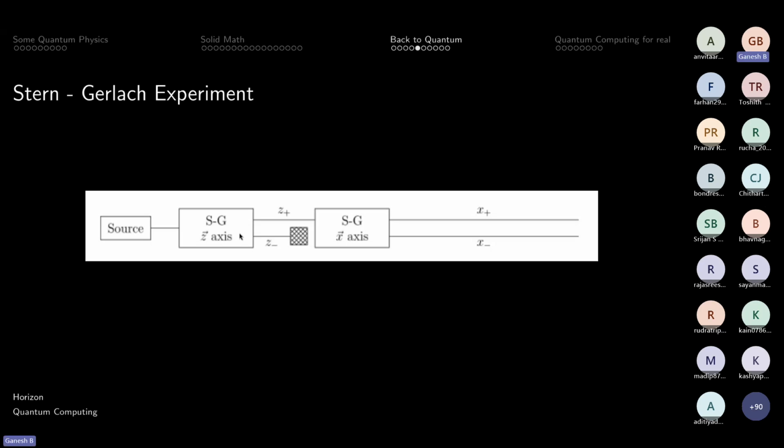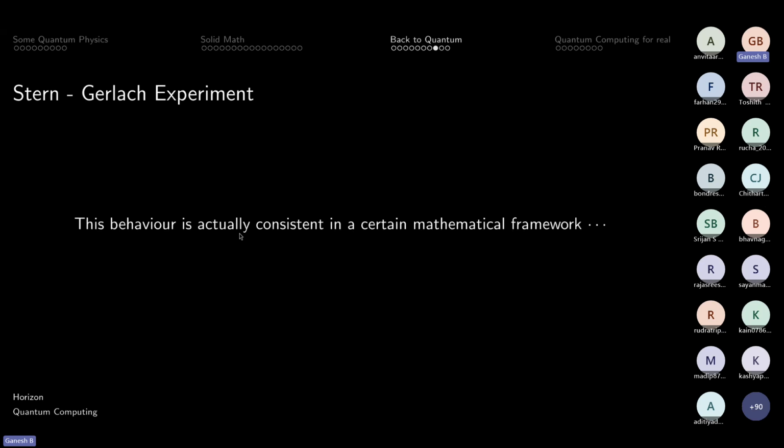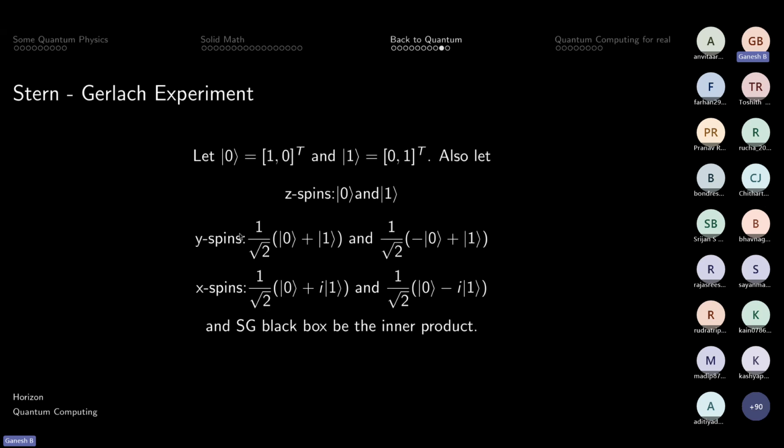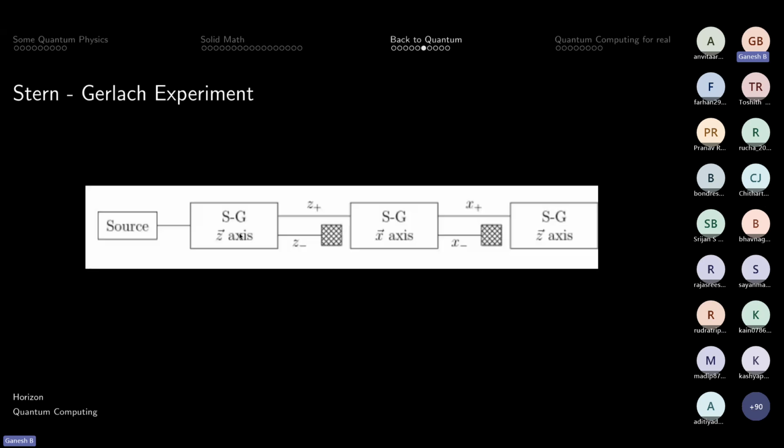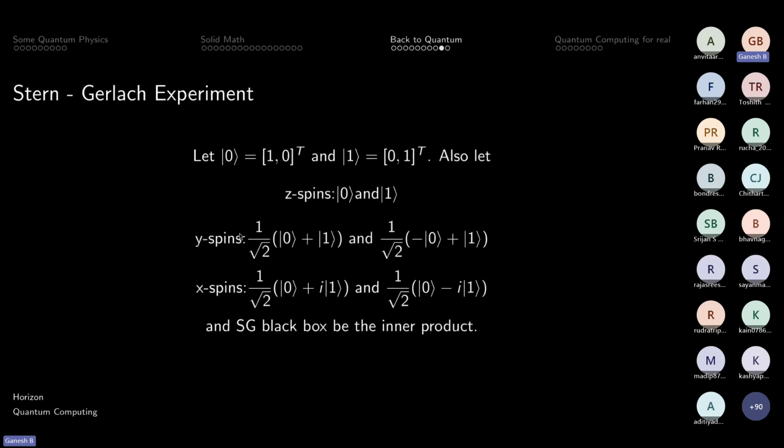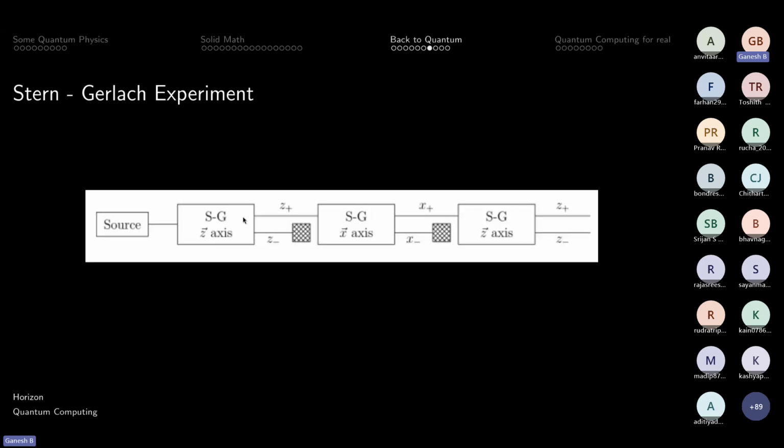Sending it through a filter is like finding the inner product with the z components, which were 0 and 1. So it's kind of like taking the dot product or inner product with the 1 0 column vector. They are both symmetric, so for any vector you take, the inner product with 0 and with 1 will be equal.